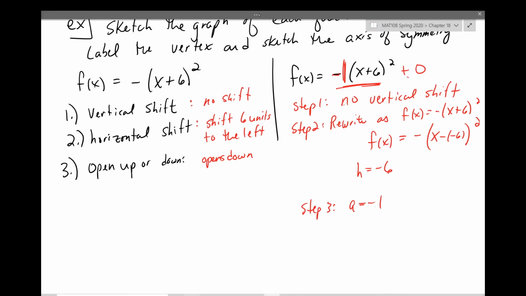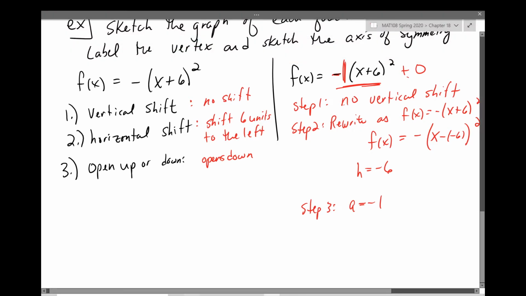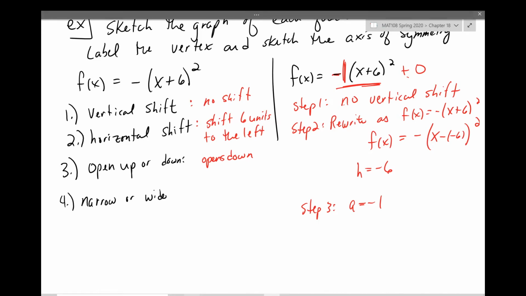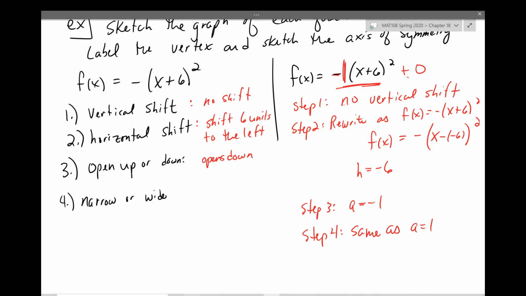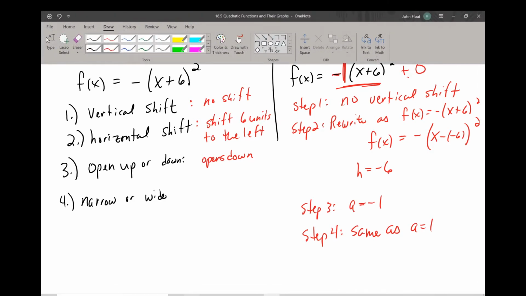And then step 4, is it narrow or wide? Well, since a equals negative 1, all that's going to do is reflect it. So same as a equals 1. In other words, it's not narrow and it's not wide. It's the same. So at the end of the day, here's what's happening here.